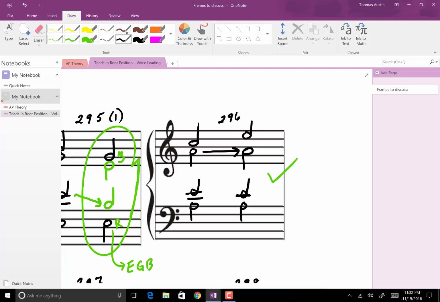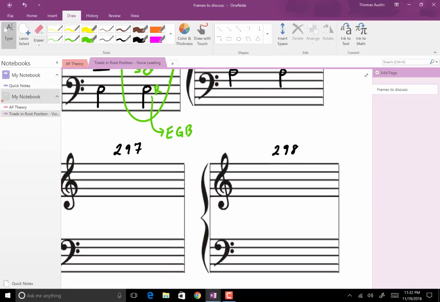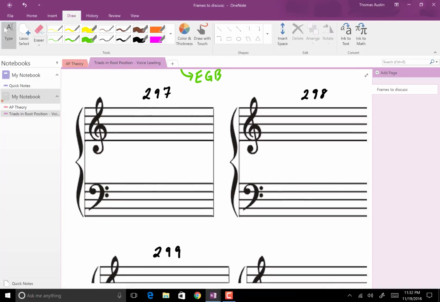Let's look at frame 297. So for frame 297, they wanted you to change structure or spacing on the second chord.